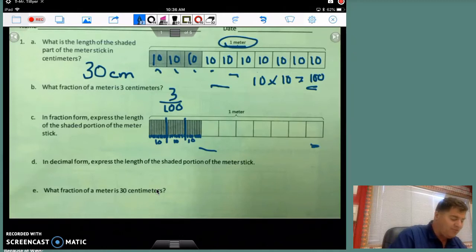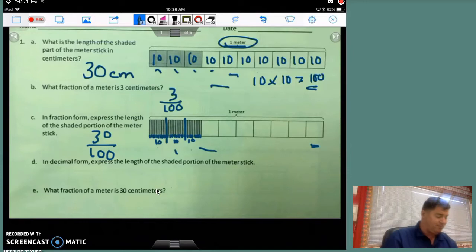So what fraction is that? It would be 10, 20, 30. 30 hundredths. Okay, 30 hundredths. In decimal form, express the length of the shaded portion of the meter stick.